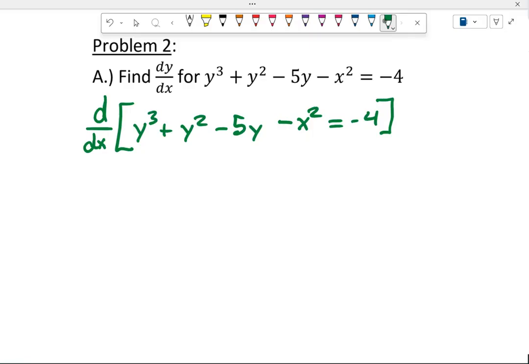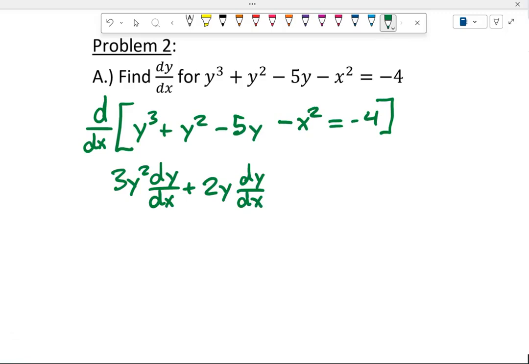Sophia, what did you get for the derivative? What's the derivative of y cubed? 3y squared. But I did y, so what do I need with it? dy over dx. Good. Xavier, what would be the next term? Y squared, what's its derivative? Times dy dx.